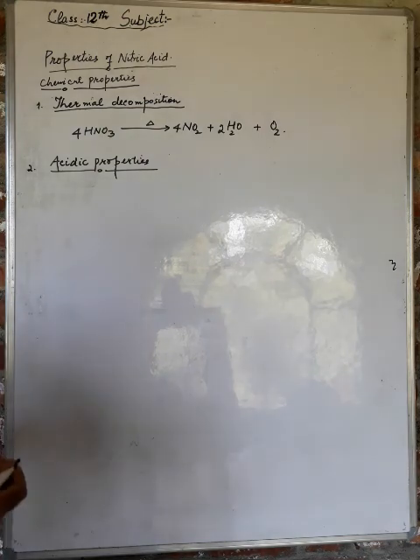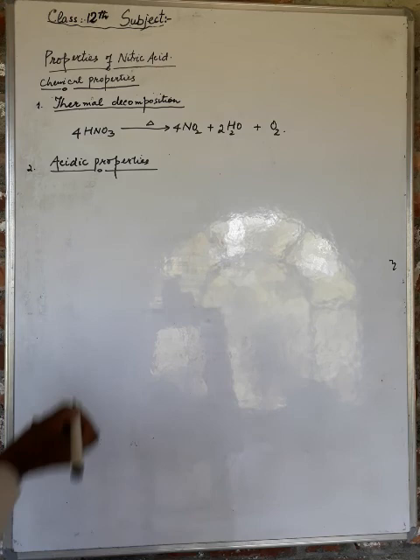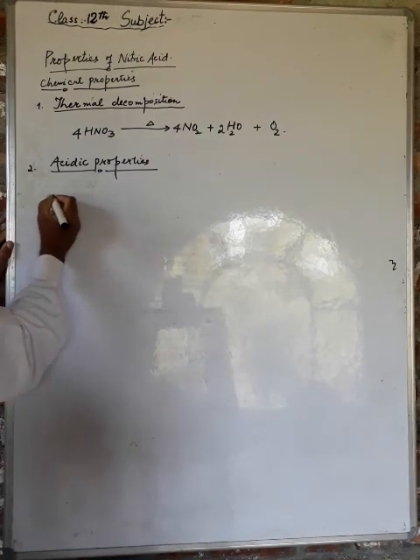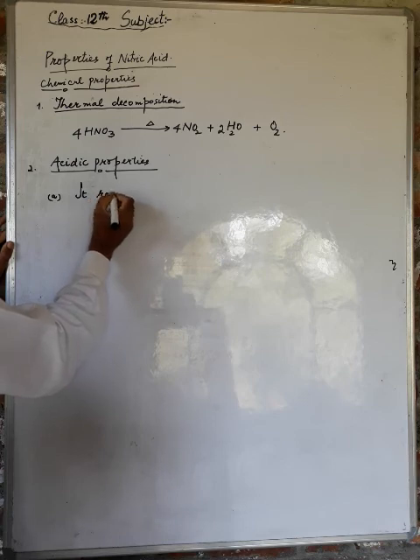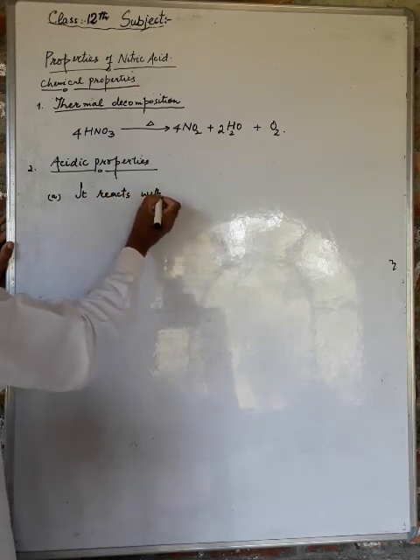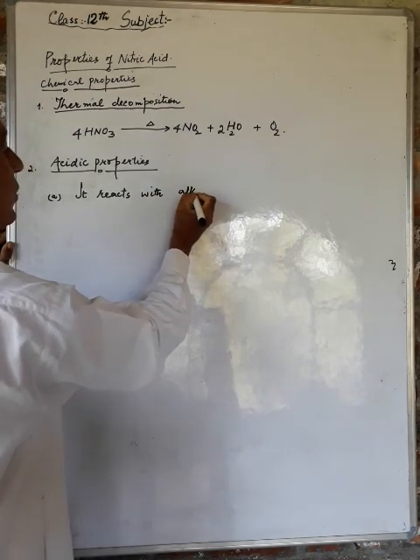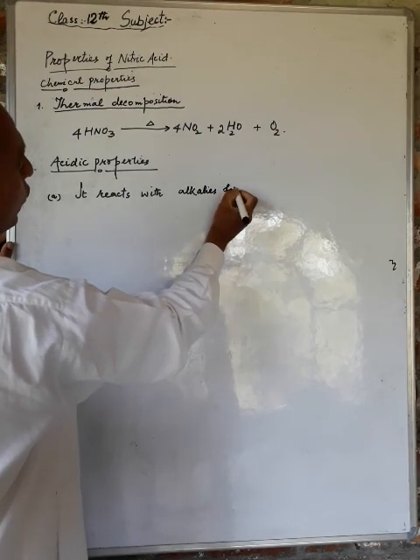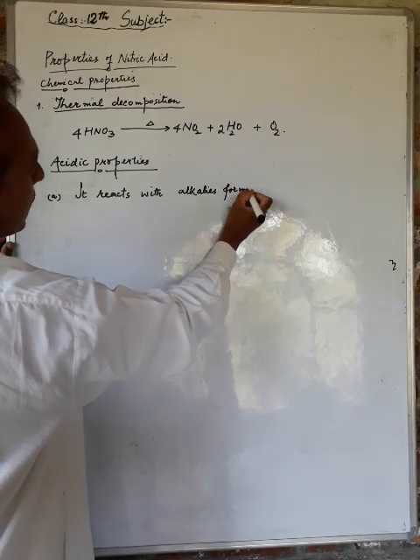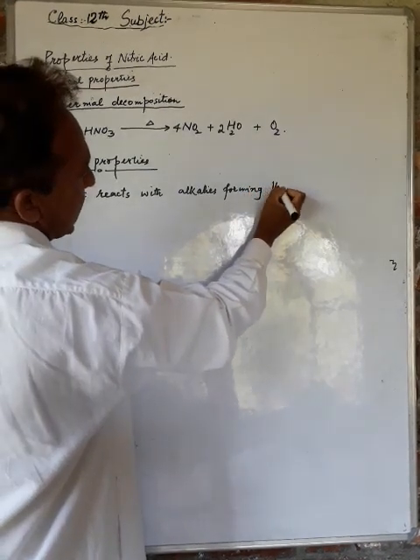Nitric acid acts as a strong acid. It reacts with, number A, alkalis, forming the nitrates.